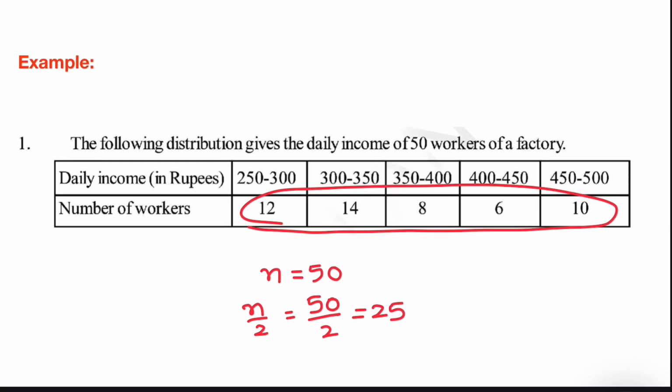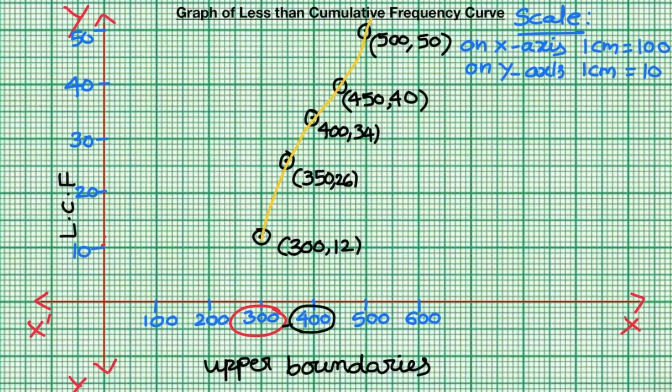From this point, draw a line parallel to the x-axis, cutting the curve at a point. From this point, draw a perpendicular to the x-axis. The foot of the perpendicular determines the median of the given data. Now we mark the N by 2 value 25 in the less than cumulative frequency curve graph on the y-axis.